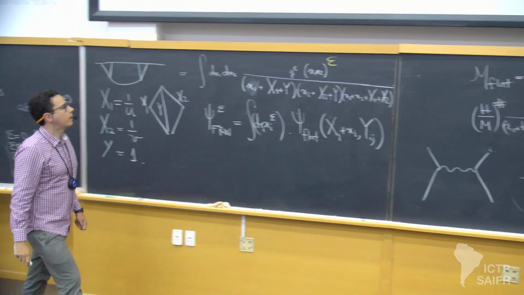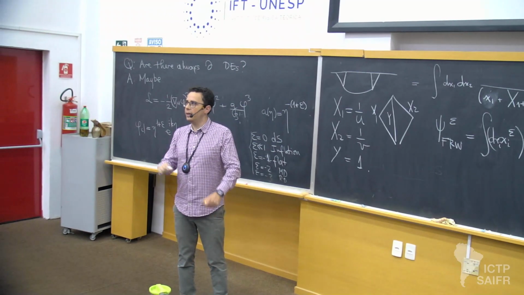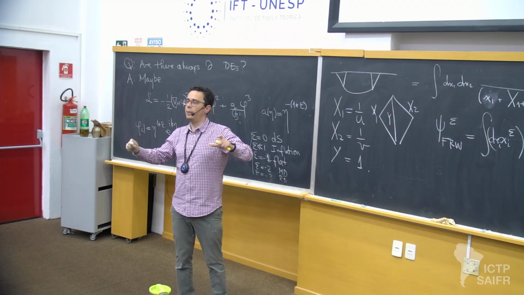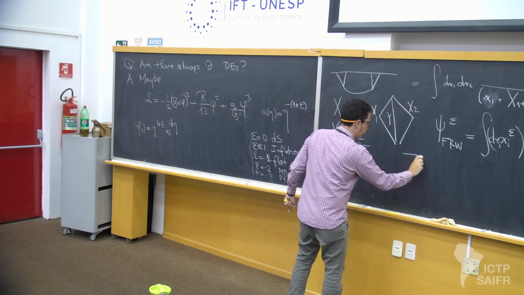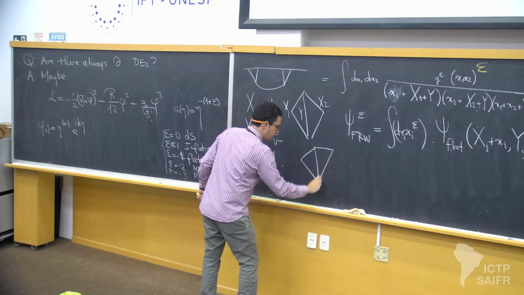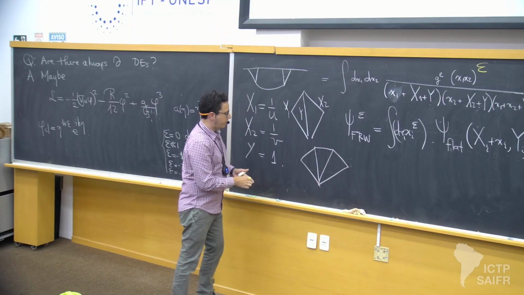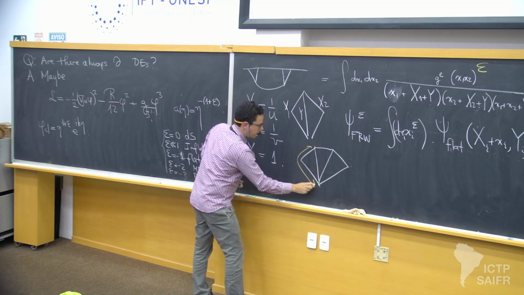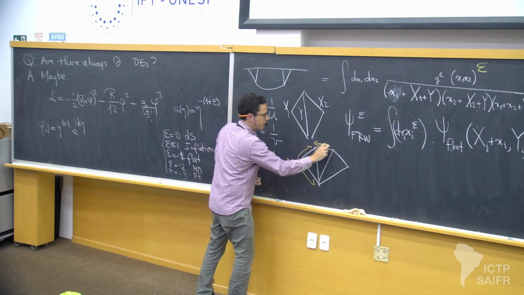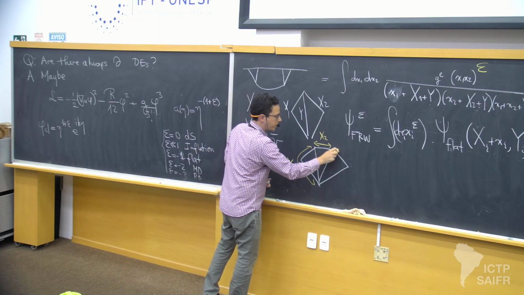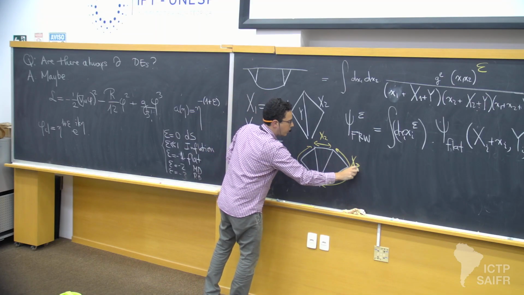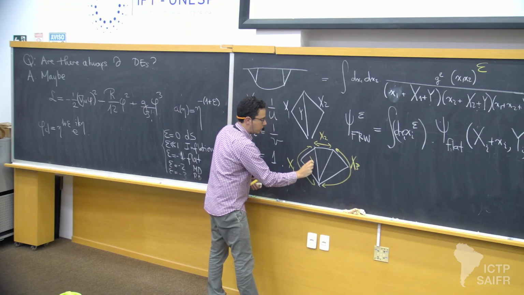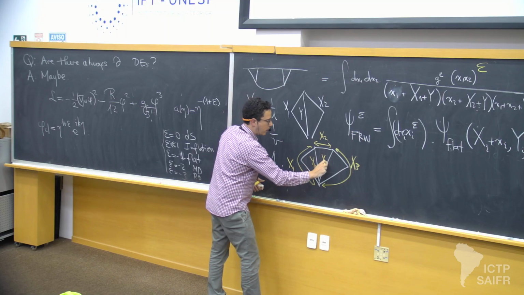Okay? So for example, that double exchange diagram: this guy here is X1, this guy here is X2, this guy here is X3, this is Y12, this is Y23.